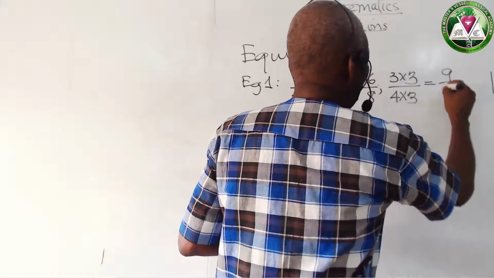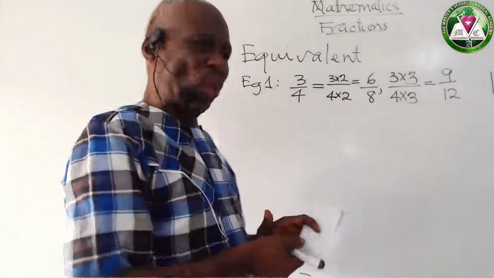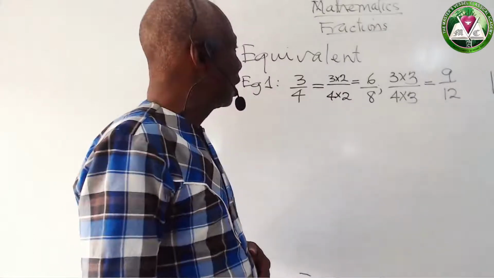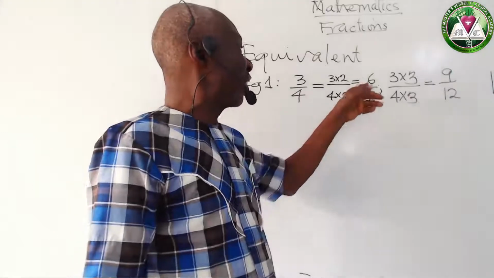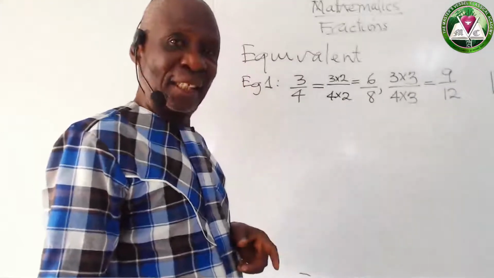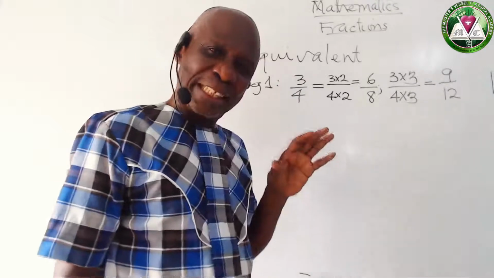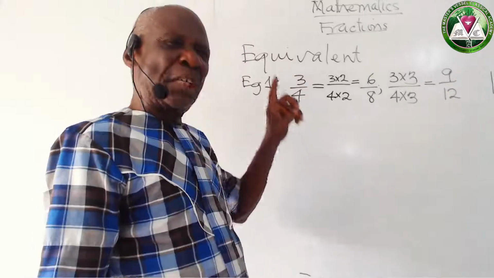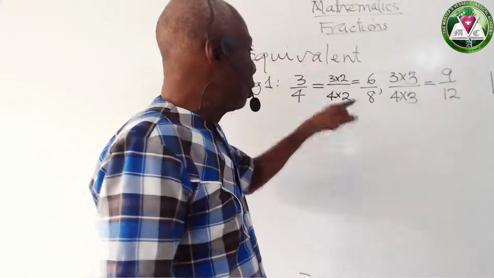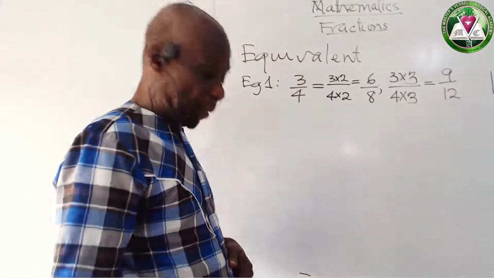I multiply out the bottom, that will give me 12. So 9 over 12 is equivalent to 3 over 4. And also 6 over 8 is equivalent to 3 over 4. What are we saying? That whatever you use in multiplying the numerator must also be used in multiplying the denominator, so that none of them is cheated.